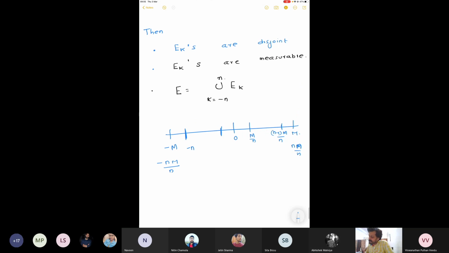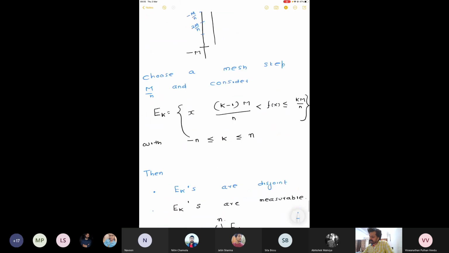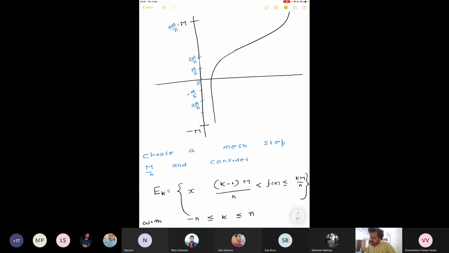So this will be minus m by n, and this will be minus 2m by n and so on. Do you want to say that it will be minus n plus 1, not minus n minus 1? Yes, sir. That's okay. So this will be minus n m by n. So the next one will not be minus n minus 1. That's what you want to say. Yes, sir.